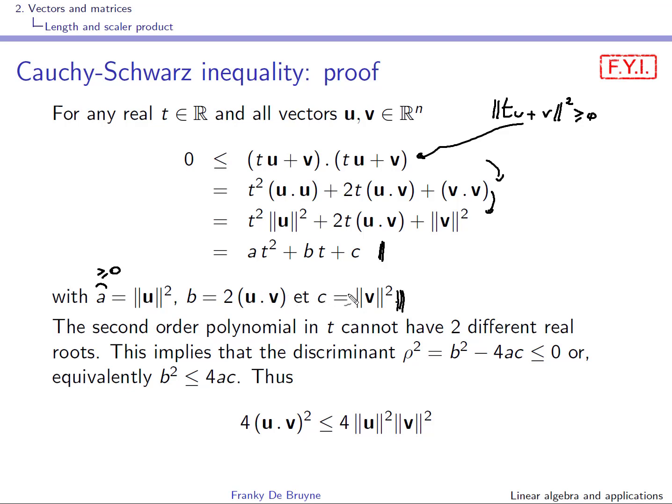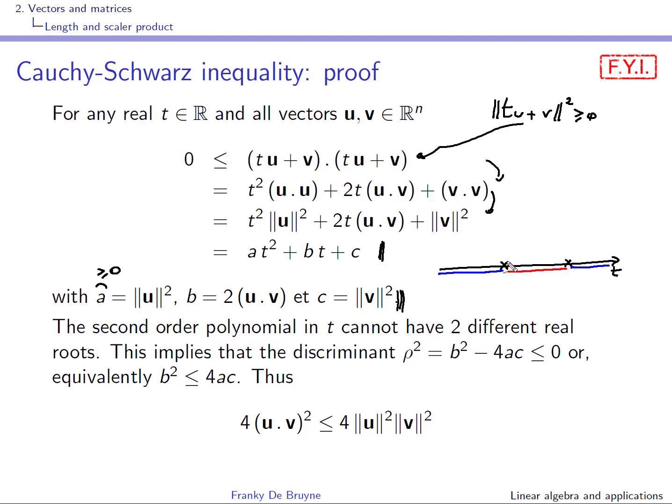Okay, so here a is positive or 0. Okay, well, by the properties of a second order polynomial, you know that if there are real roots, different real roots, since a is positive, you will know that the polynomial will be positive outside the roots. Okay, and it will be negative in between these real roots.